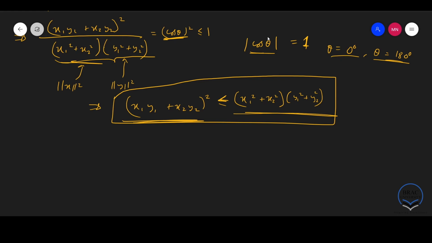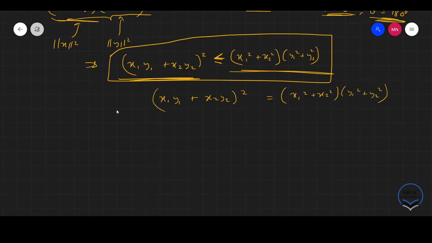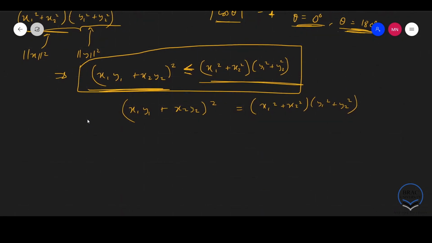So this equality, (x1 y1 plus x2 y2) squared equal to (x1 squared plus x2 squared) times (y1 squared plus y2 squared), right? This happens when theta is equal to 0 degrees and theta is equal to 180 degrees. So when theta is equal to 0 degrees, this means that my vectors x and y are parallel, right?